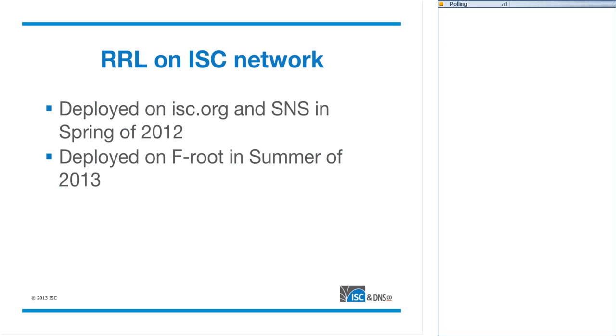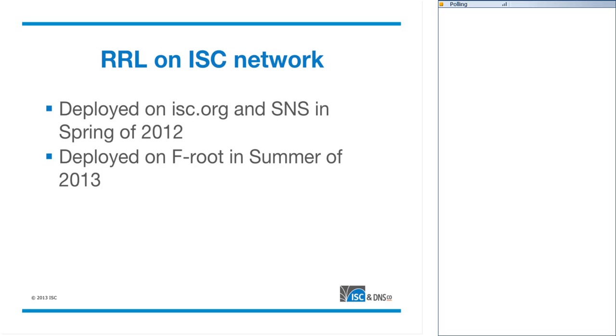And back then, as I said before, it wasn't even officially part of BIND. It was BIND patches, albeit from Paul Vixie. So, right, to a certain extent. But in any case, it wasn't part of the official code base. Since we weren't being particularly affected on F, we decided to hold off for now. But we did deploy it on ISC.org and on SNS, and saw significant advantages of doing so.